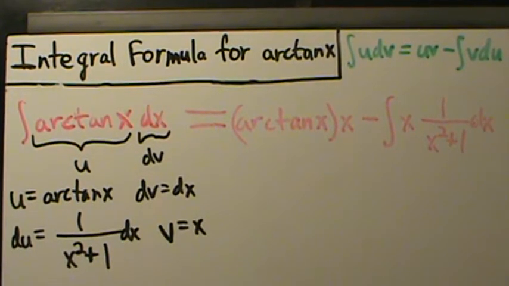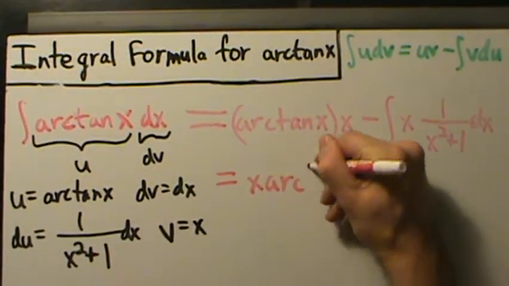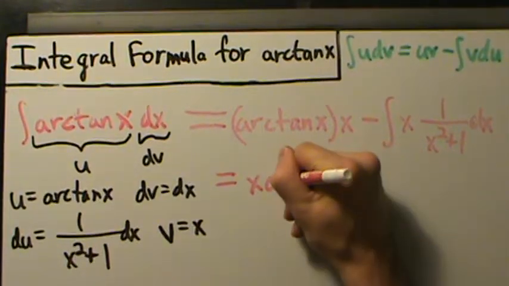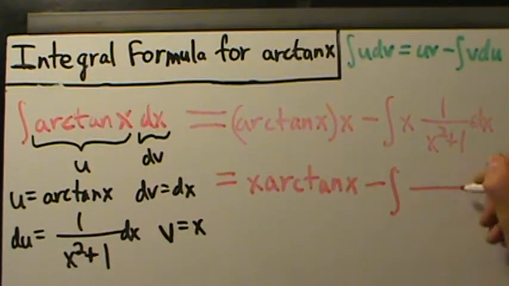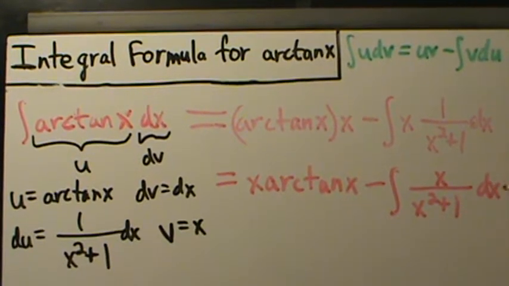Let's write this as x arctan of x minus the integral of x on top, x squared plus 1 on the bottom, with the dx.